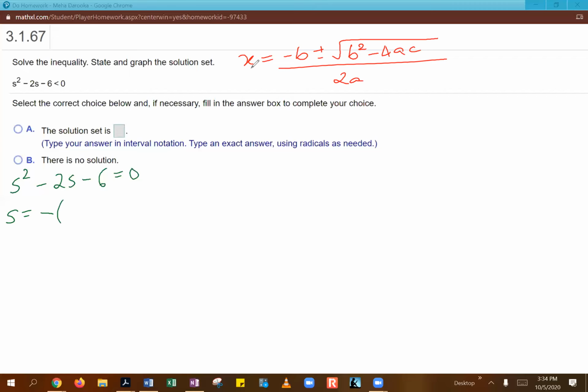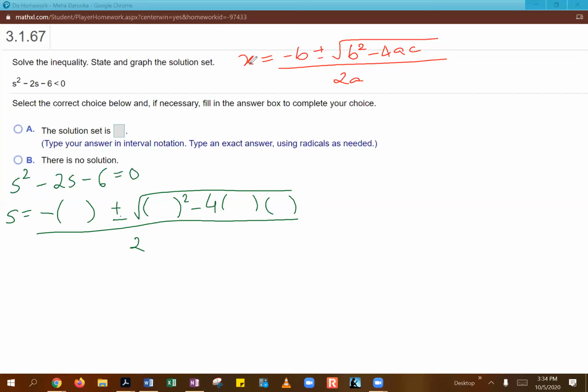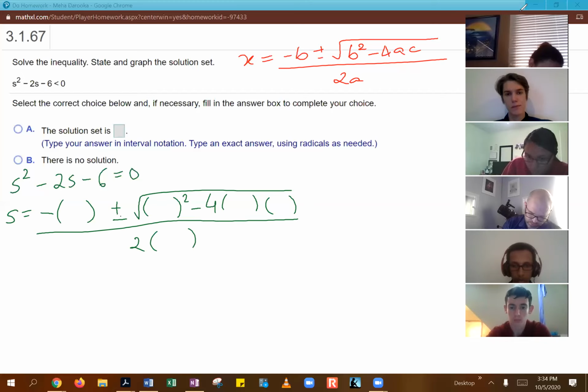The same thing, negative b plus or minus square root of b squared minus 4 times ac, divided by 2a. Plug in your a, b, and c and see what you come up with.